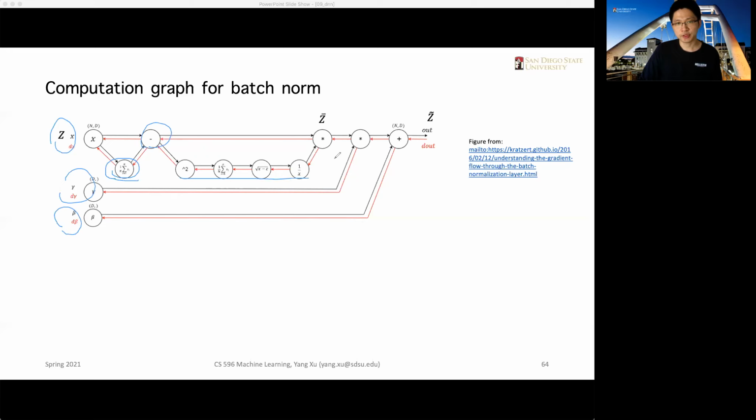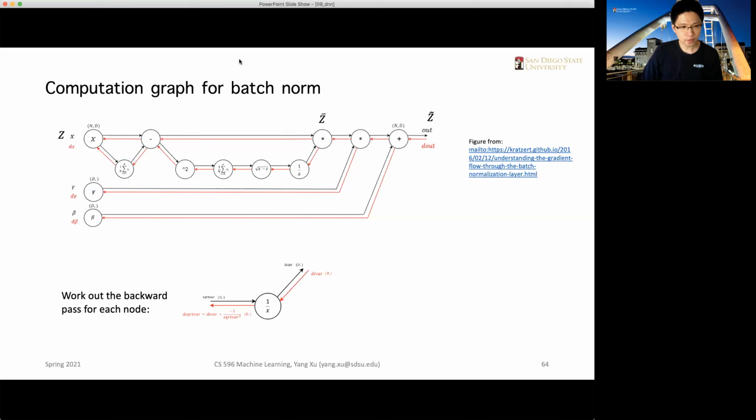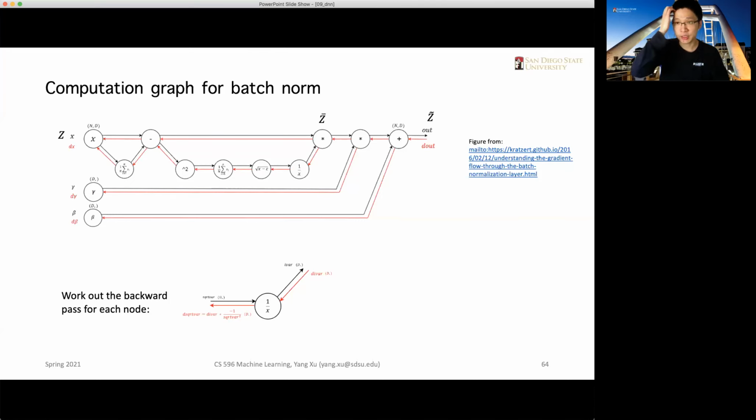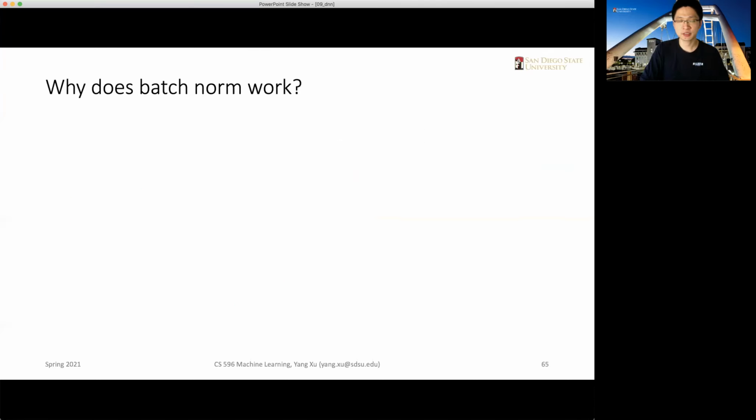All these computations, Z bars, and a bunch of computations. So with batch norm, in the backward stage we need to do a lot of extra computation for computing gradients. And fortunately, we have frameworks that implement that automatically for us.